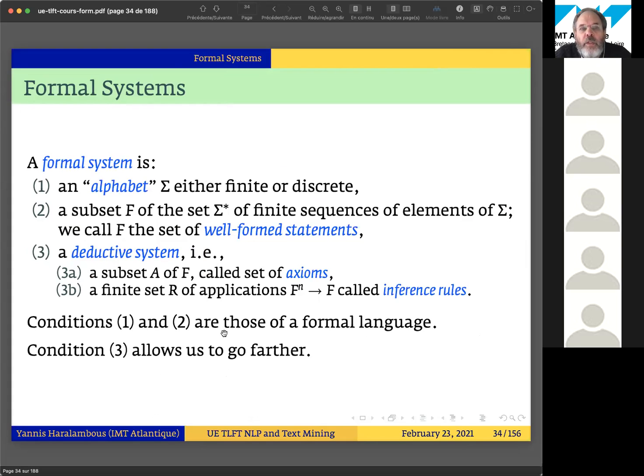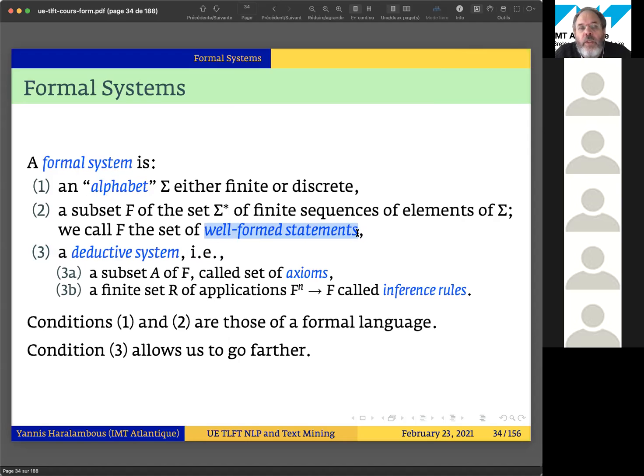So intuitively, a formal system is a formal language plus a deductive system. In this formal language, I have a set of sequences, so a set of words of the language, which I call well-formed statements.